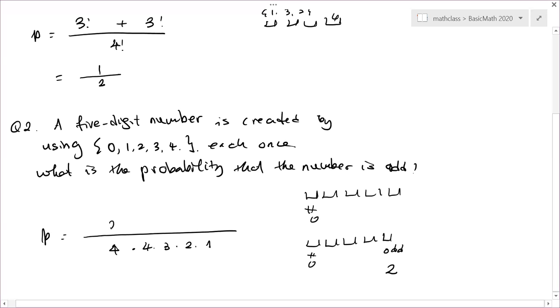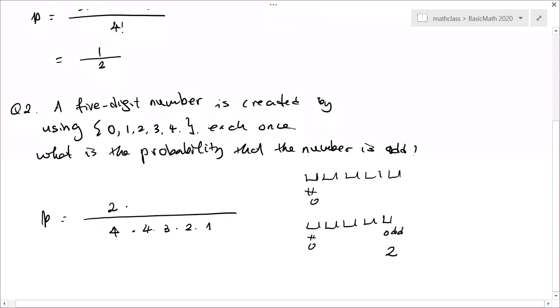That's the first step. For the second step, because you only removed one odd number, the 0 is still in the group, but the first digit cannot be 0. So 0 should also be removed when you determine the first digit. So there are 3 digits left. Not 3 factorial, sorry.